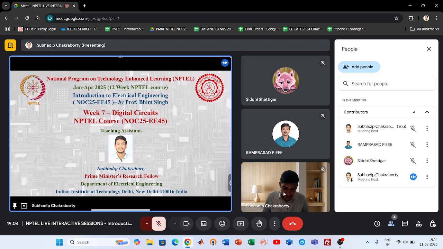So in today's session, we'll be discussing the topics on digital circuits, basically the logic gates, the Boolean algebra, and number systems also. And then we'll go into the techniques to minimize such expressions to actually make the hardware implementation easier and simplified. That is the whole purpose of learning digital circuits from the perspective of an introduction to electrical engineering.